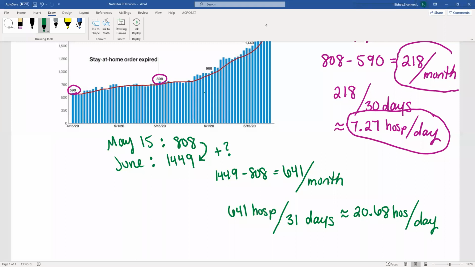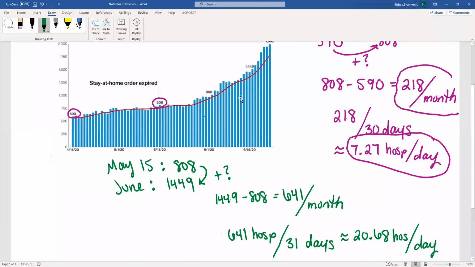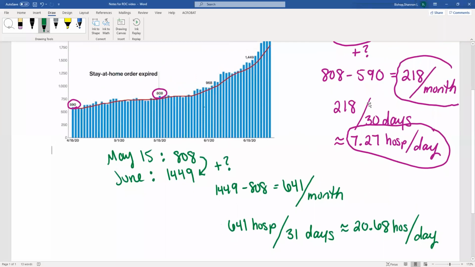Okay, so as you can see, when you look at the graph, we can definitely tell that the hospitalizations were increasing more quickly from May to June by just looking at the steepness of this curve, and that is confirmed in these numbers. So if you look at it over the span of a month, there was 218 additional hospitalizations per day between April and May, and yet between May and June, there was 641 additional hospitalizations each day.